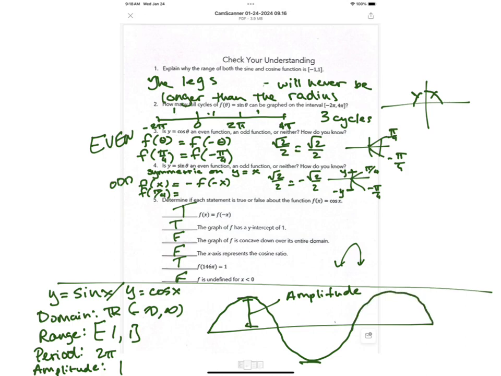The period is the distance, and you can measure it several ways. You have to measure from the same location within the cycle. So you could measure period from crest to crest. This goes all the way across. This would be period. It's a cycle length. You could also measure period from trough to trough. So let's say I have another trough over here. They're the same.